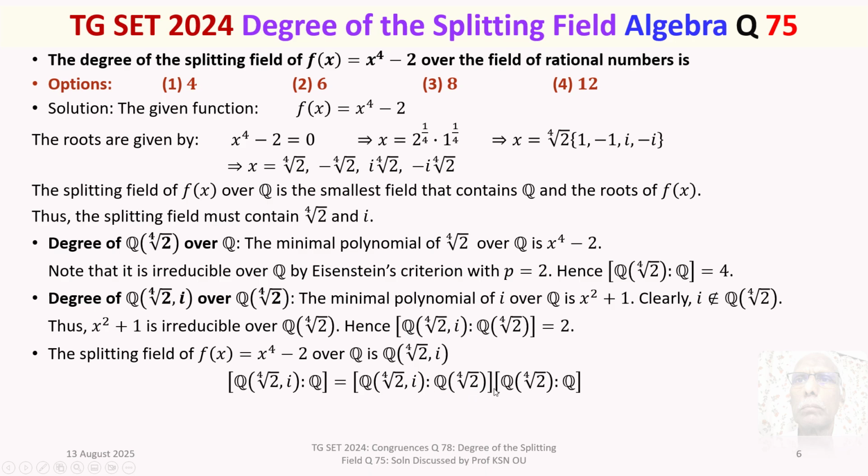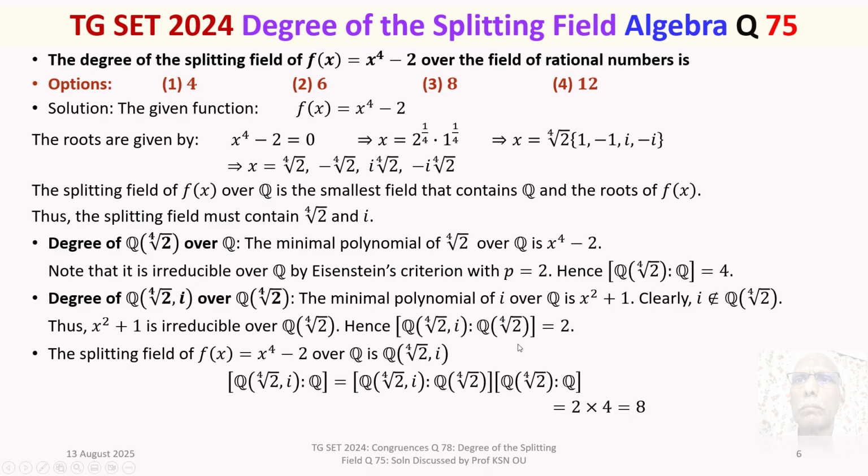For the first one, the degree of Q(fourth root of 2, i) over Q(fourth root of 2) is 2, multiplied by the degree of Q(fourth root of 2) over Q, which is 4. So the answer is 2 into 4, that is equal to 8.